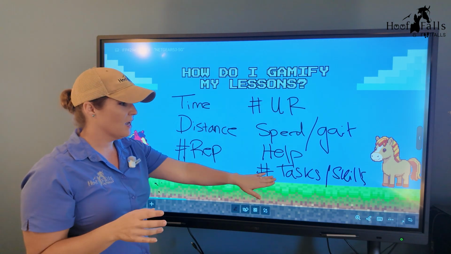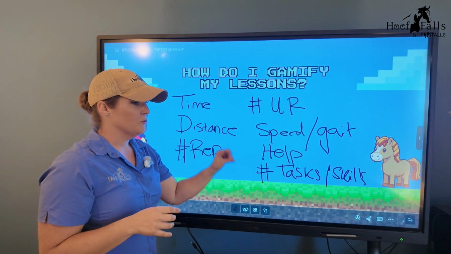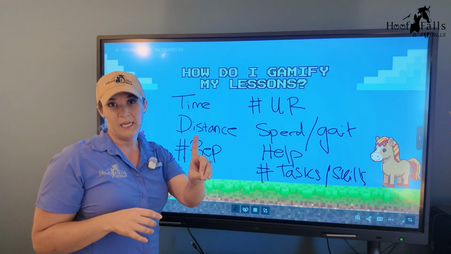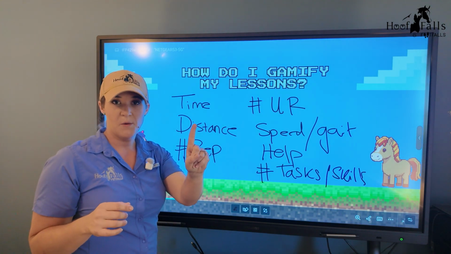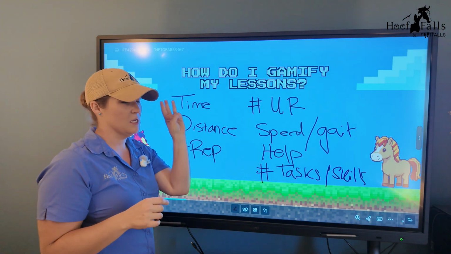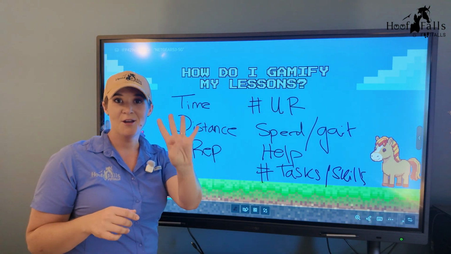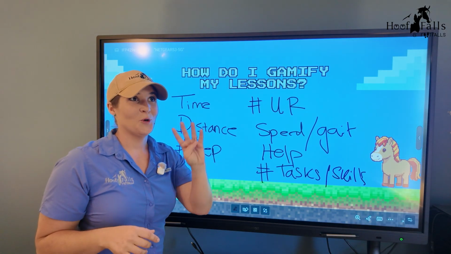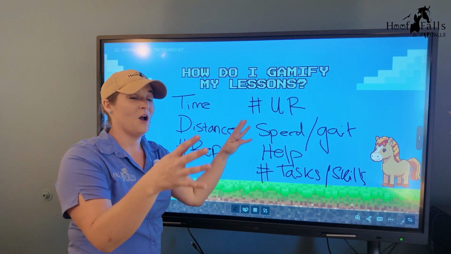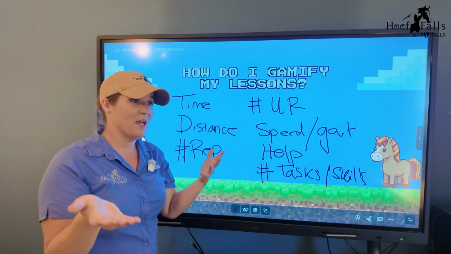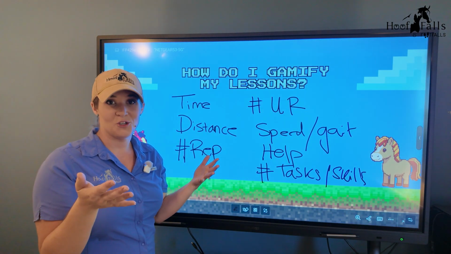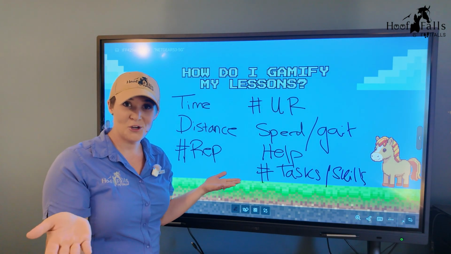No, it's not, because I'm asking you to ride without being on lead. I'm not by you, or your leader's not by you. You have to keep your horse going at a walk. You have to pay attention where you're going. You have to keep your horse on the rail. You have to correct your rein length to go up in a 2-point. You have to hold your 2-point, and then you have to keep doing all that you're doing while you're in 2-point, and then come back down out of it. And, oh, by the way, go ahead and listen to the instructions that I'm giving you as the instructor.